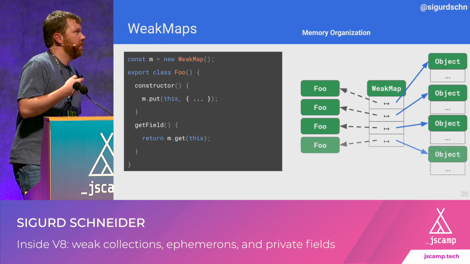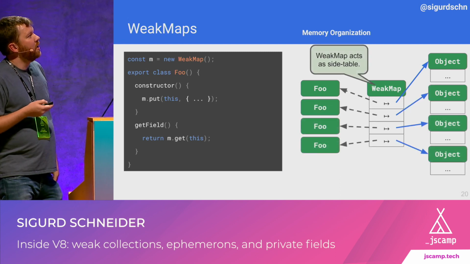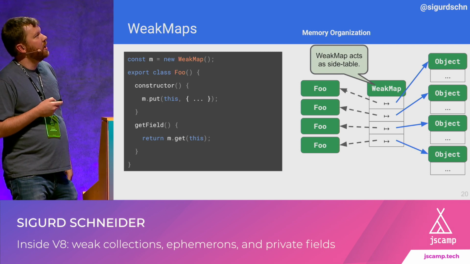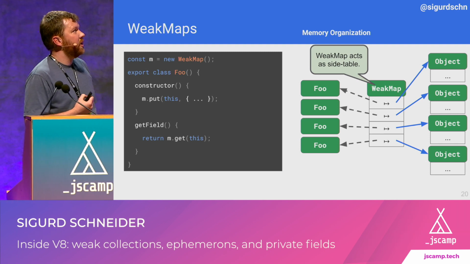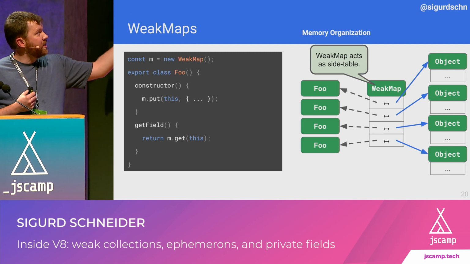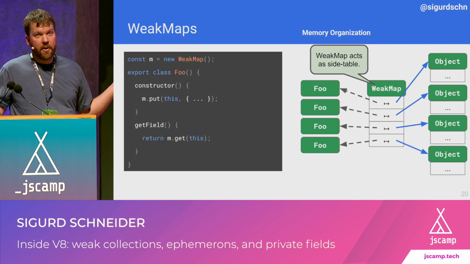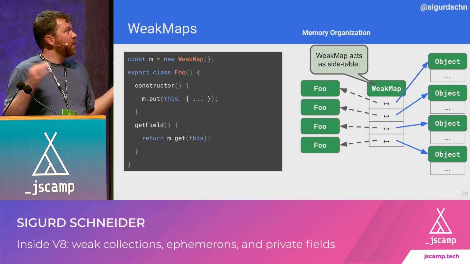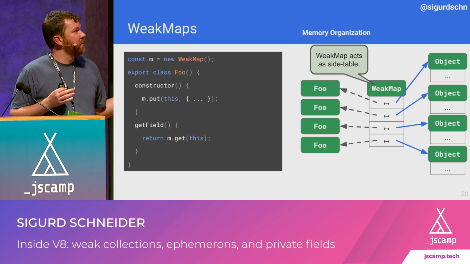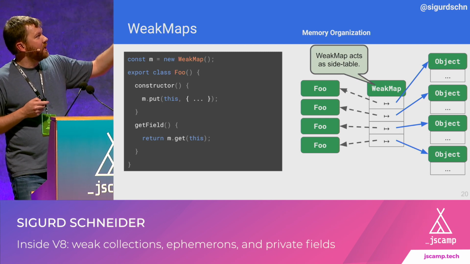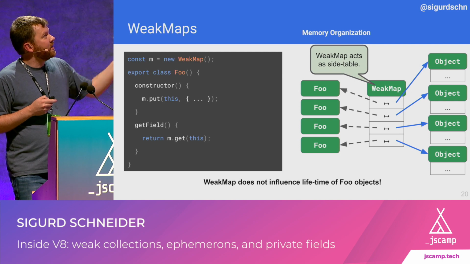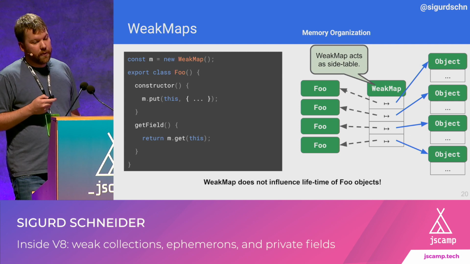And we will maintain this side table for each object that is created for the class foo. Now note that it is critical that we use a weak map here, because if we did this with the normal map, then we would have this monster map that keeps all foo objects ever created alive. But since the weak map only keeps the value alive as long as the key is alive, it doesn't influence the lifetime of the foo objects.